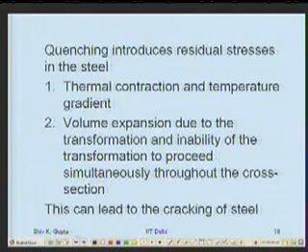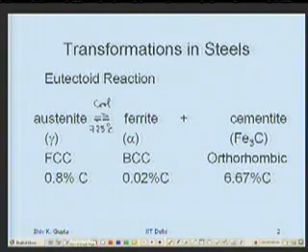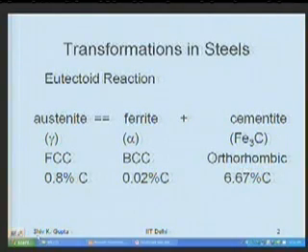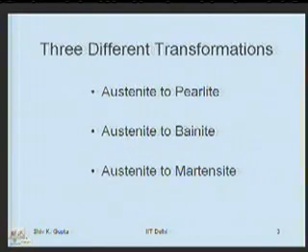See the transformation diagram for this. And in the transformation diagram, we talked about the formation of ferrite and cementite in a laminar structure, which we call pearlite formation.